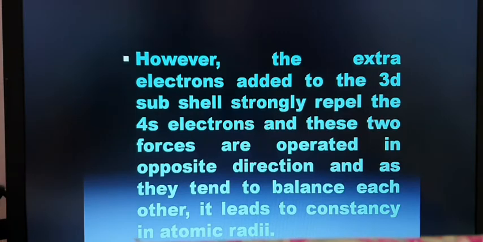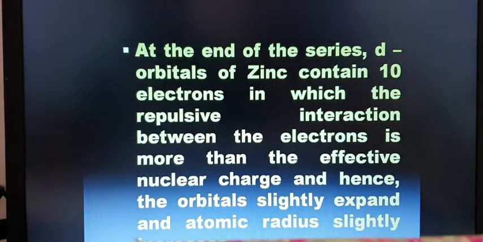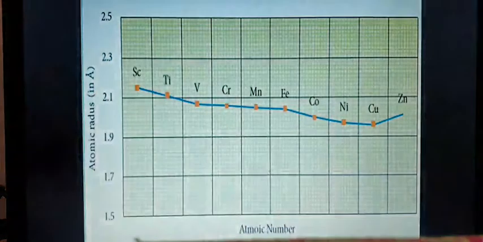That is the reason for the constancy in the atomic radius. At the end of the series, the d orbitals of zinc contain 10 electrons, in which the repulsive interaction between the electrons is more than the effective nuclear charge, and hence the orbitals slightly expand and the atomic radius slightly increases.